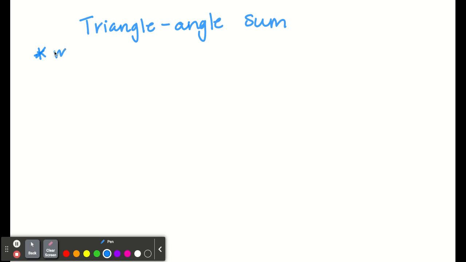Now the other things we have are to find missing angles, and we have 2 methods to find missing angles. The first method is the triangle angle sum. We use this to find missing angles.